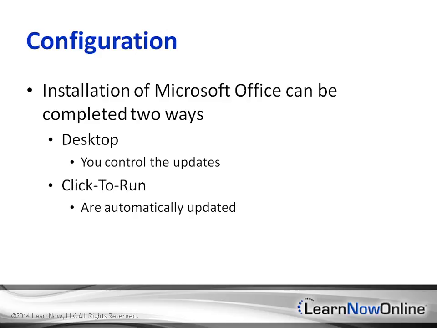Now, this one is Click to Run, sometimes even referred to as the cloud-based one. Really what it is, you are deploying it on the desktop, but it gets automatically updated. Now, this could be a sword of two edges here. Why? You are not controlling the updates. They're being done for you.